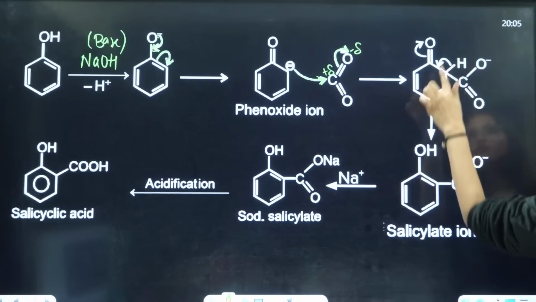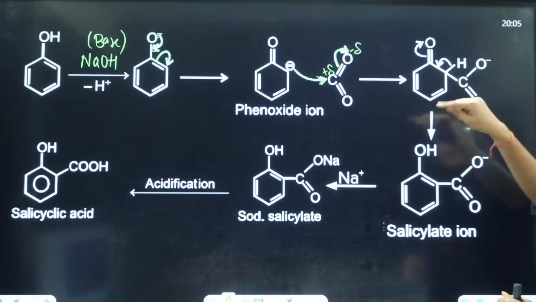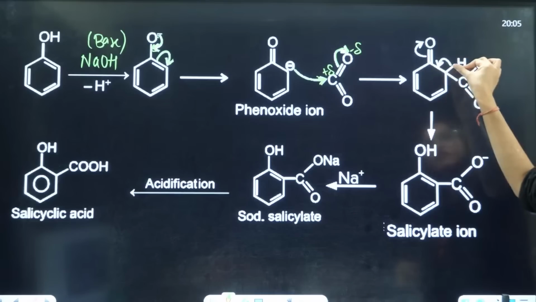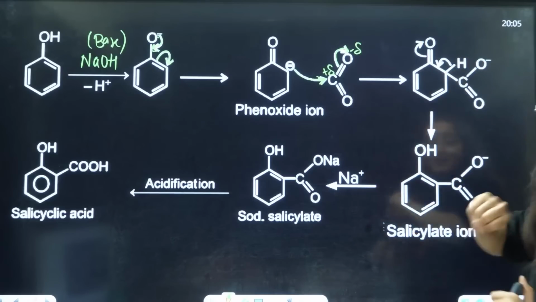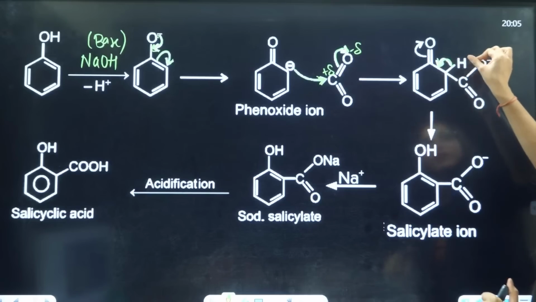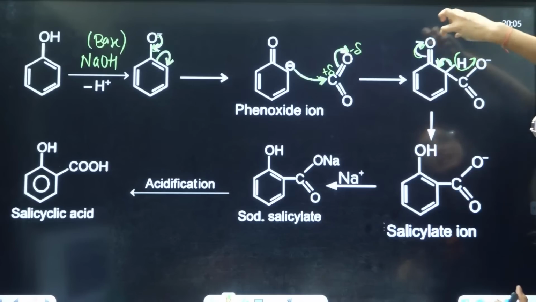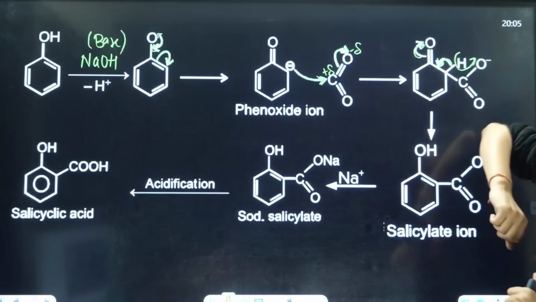And hence you will have the formation of this thing. We are almost there. Now, we have to make carboxylic acid here. So this electron will shift here, H will be shifted internally to this O negative.